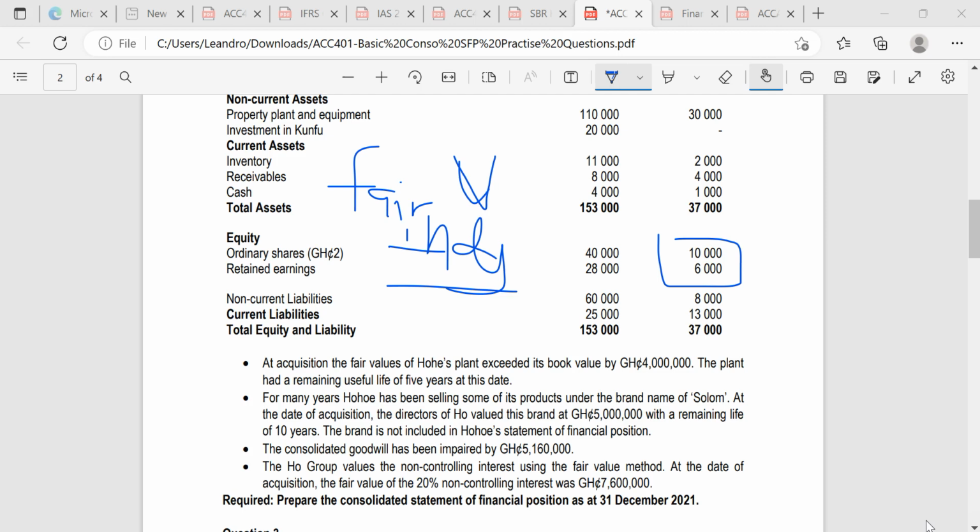The parent on the date of acquisition is allowed, based on certain conditions, to recognize those intangible assets. IFRS 3, intangible assets. So when they meet the definition of separable, the parent is allowed to recognize them.